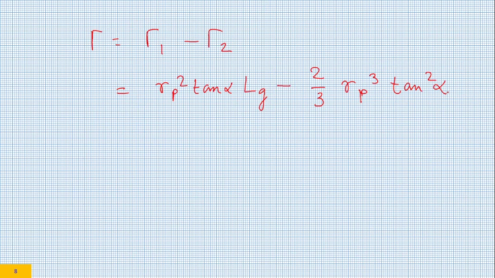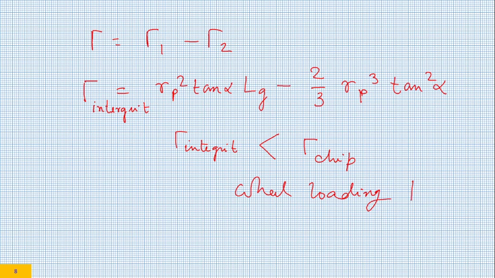I hope I have written it fine. So this is gamma. This gamma is nothing but the intergrid space. So if this intergrid space is less than the chip volume, then your wheel loading chance will go up.